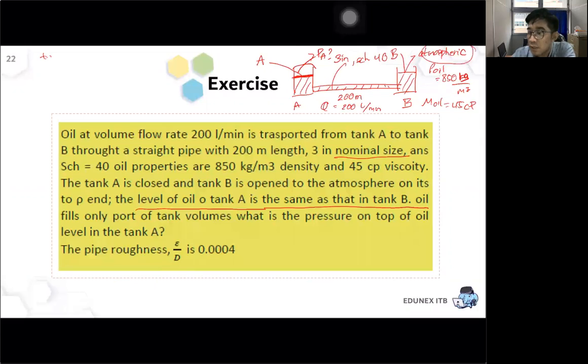So the total energy at A, A means top point, will be the same as the total energy at B. B is at the top point as well.